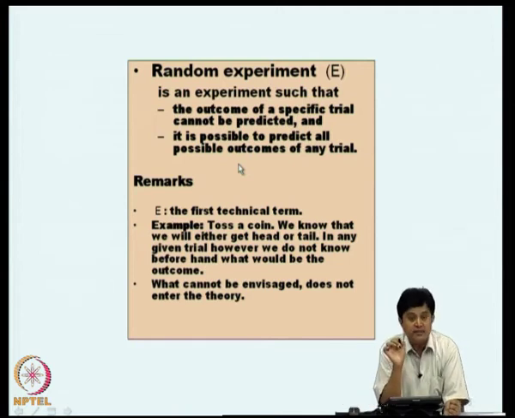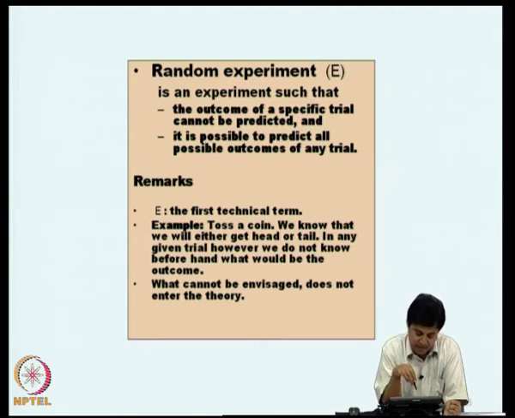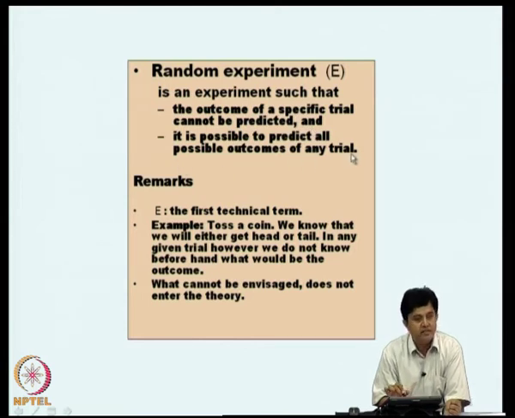The first technical term in the theory of probability is known as random experiment. A random experiment is an experiment such that the outcome of a specific trial cannot be predicted, and it is possible to predict all possible outcomes of any trial. This is the definition of a random experiment.